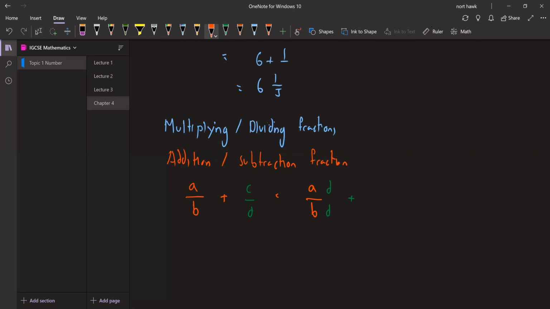And c and d over here, you multiply by b on both numerator and denominator.